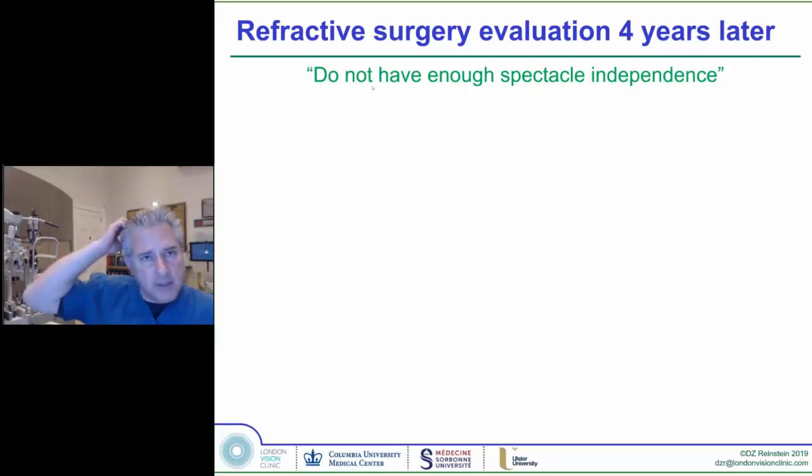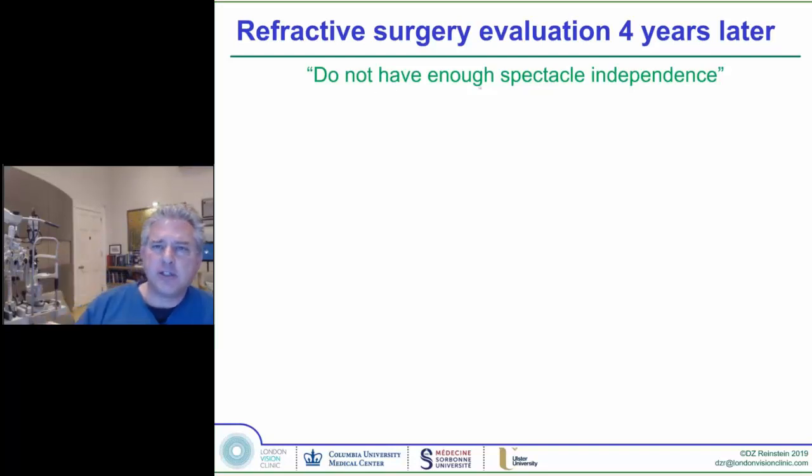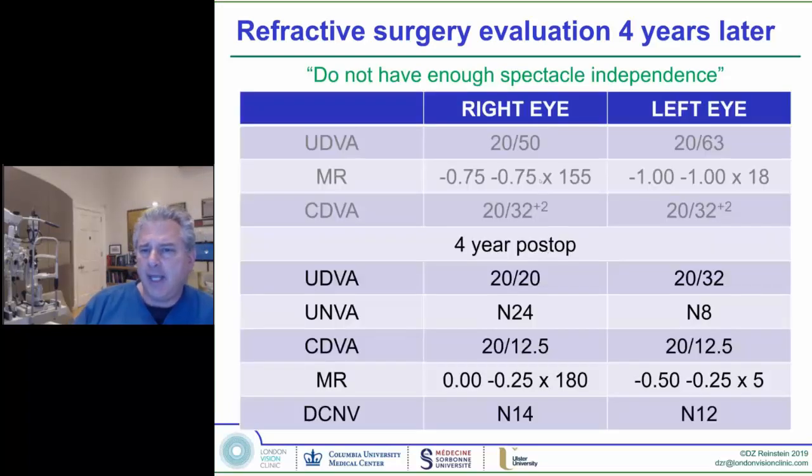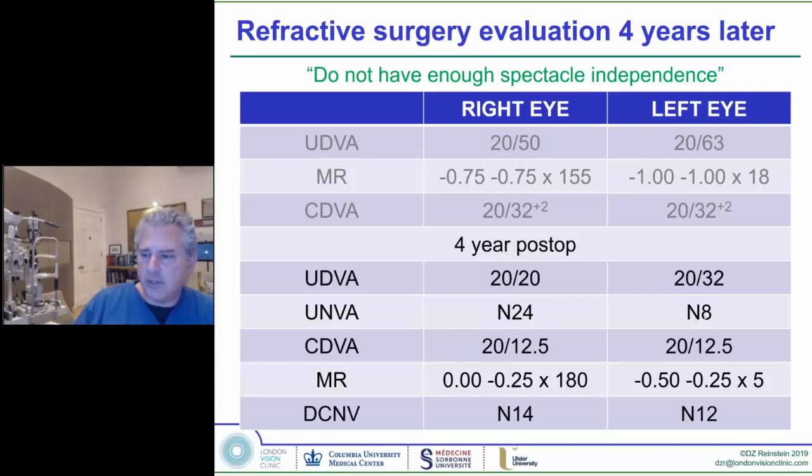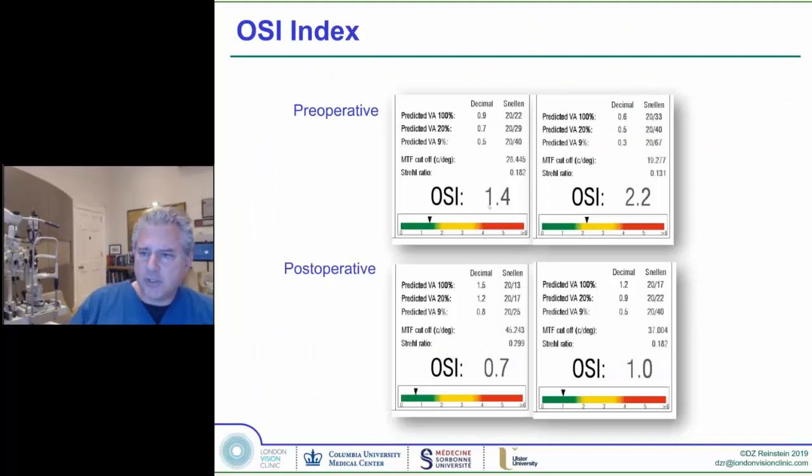He had this done, but he came back 4 years later and said, look, I want more spectacle independence than I currently have. And his status at the time was that he was essentially plano and minus 0.5, and he wanted more reading, even though his reading was an 8 already. Notice that his OSI was neatly transparent, and so we fixed that problem.